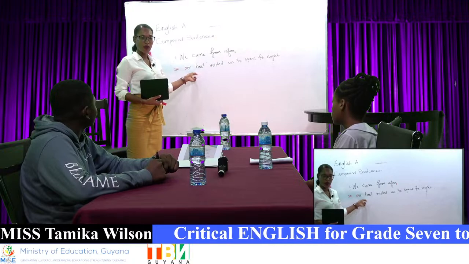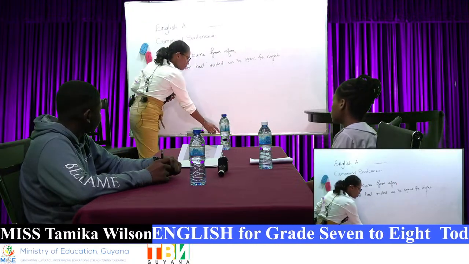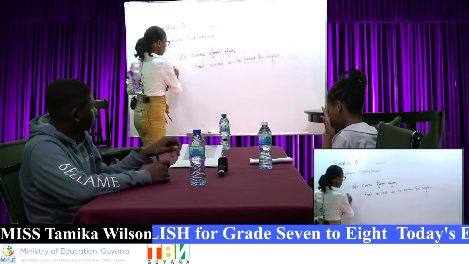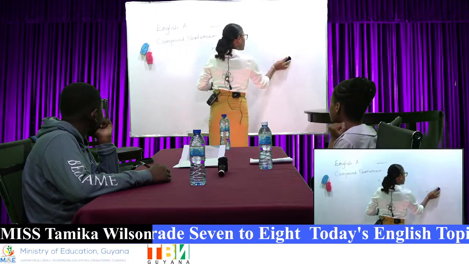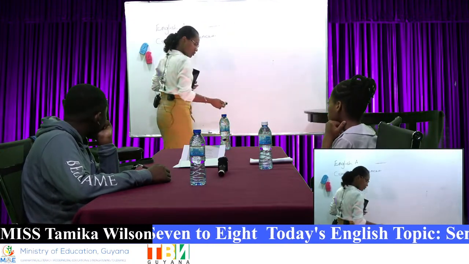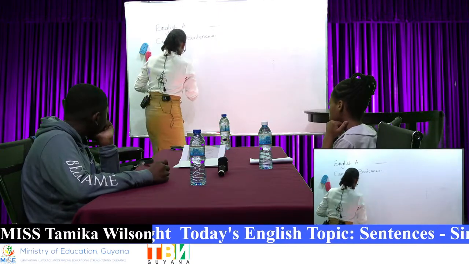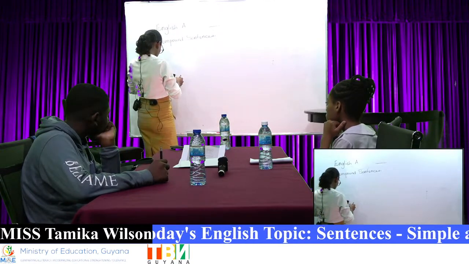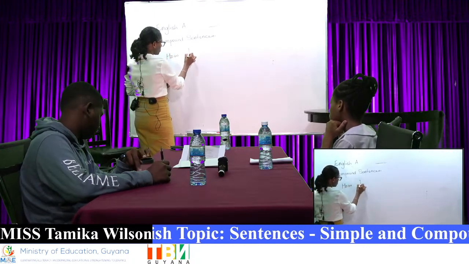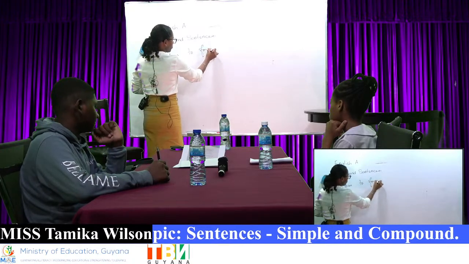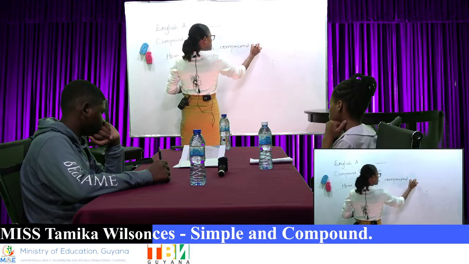All right? How do we go about forming compound sentences? Now there are about two ways that we're going to look at. We're going to look at two ways to form compound sentences, and the first one we're going to talk about is by comma.